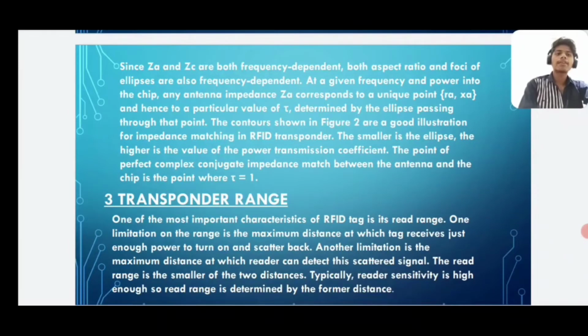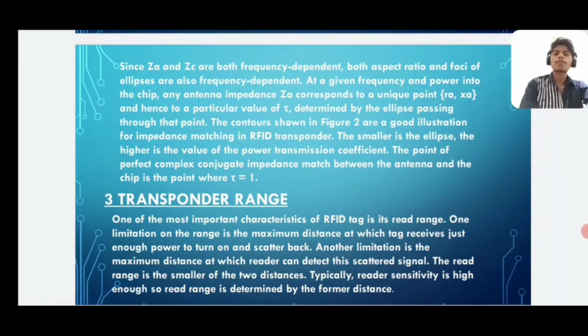At a given frequency and power into the chip, any antenna impedance ZA corresponds to a unique point (ra, xa) and hence to a particular value of T determined by the ellipse passing through the point. The contours shown in figure 2 are a good illustration of impedance matching in RFID transponders. The smaller the ellipse, the higher the value of the power transmission coefficient.